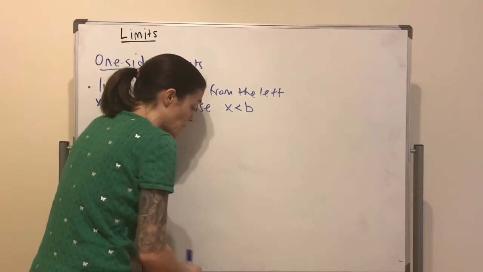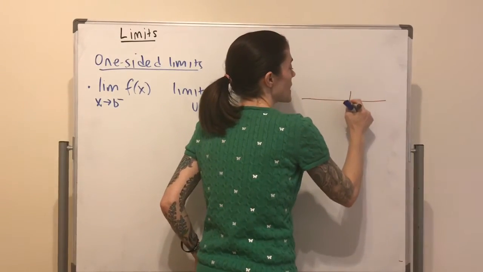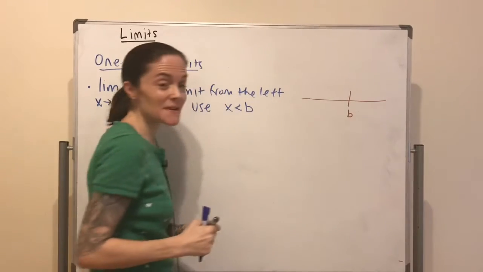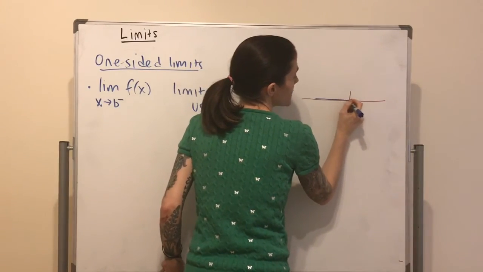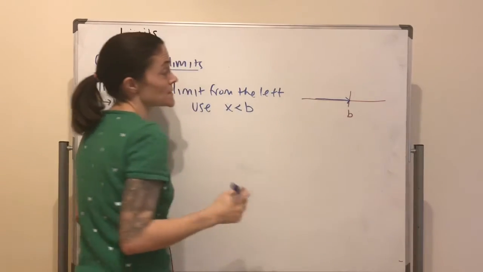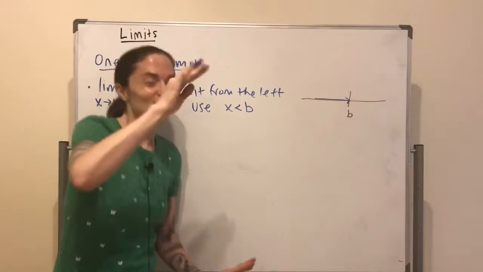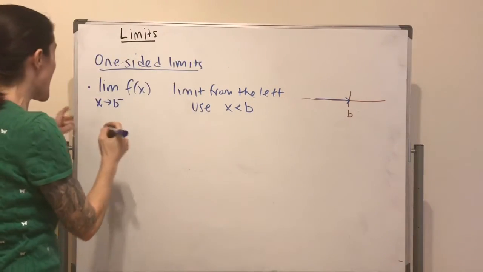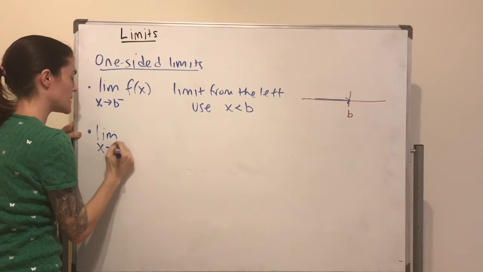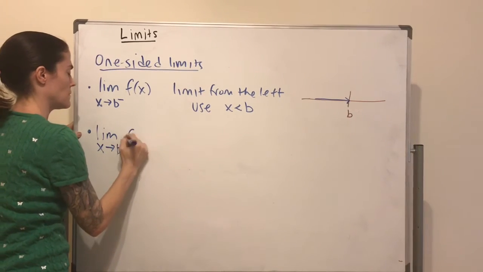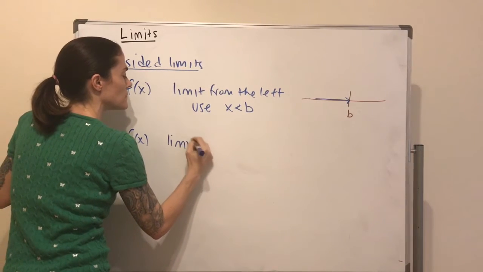The way you really want to think about this is if you have a number line and here's b, just as we saw in that example, you come in from the left. You use values less than b. And then you ask, well, what happens to the function value? And then we have the other one-sided limit. This is the limit from the right.